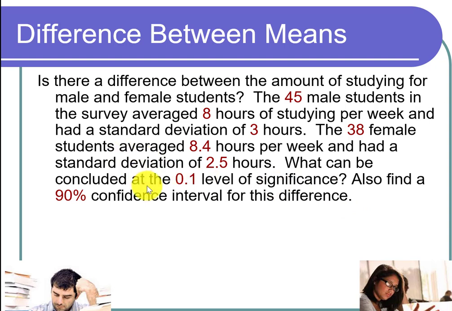So we need to write down our null and alternative hypotheses as we're used to. The null hypothesis, H naught, is that we want to see if men are the same or not in terms of the average amount of hours that they study, in particular the population mean number of hours.